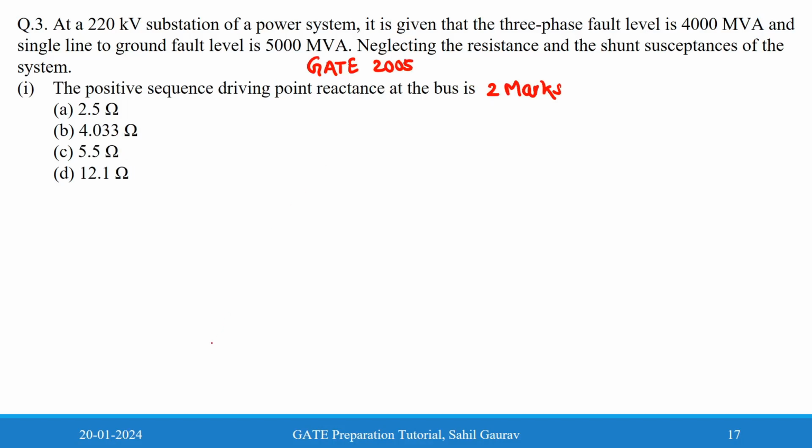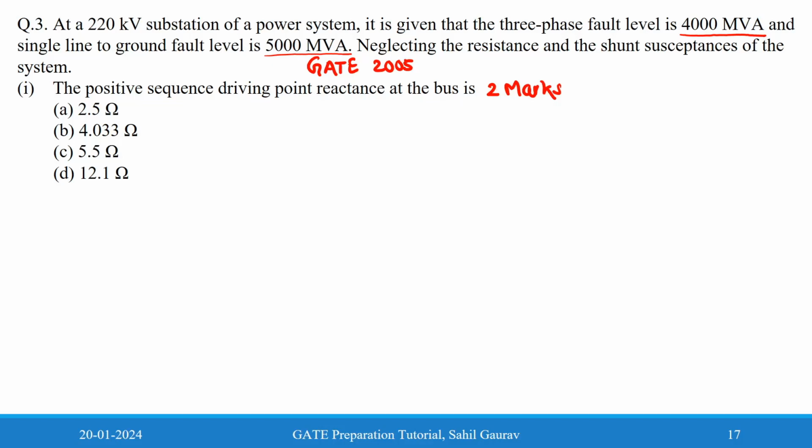So in the first question, let us read the problem. At a 220 kV substation of a power system, it is given that the three-phase fault level is 4000 MVA and single line to ground fault level is 5000 MVA. Neglecting the resistance and the susceptance of the system, the positive sequence driving point reactance at the bus is.